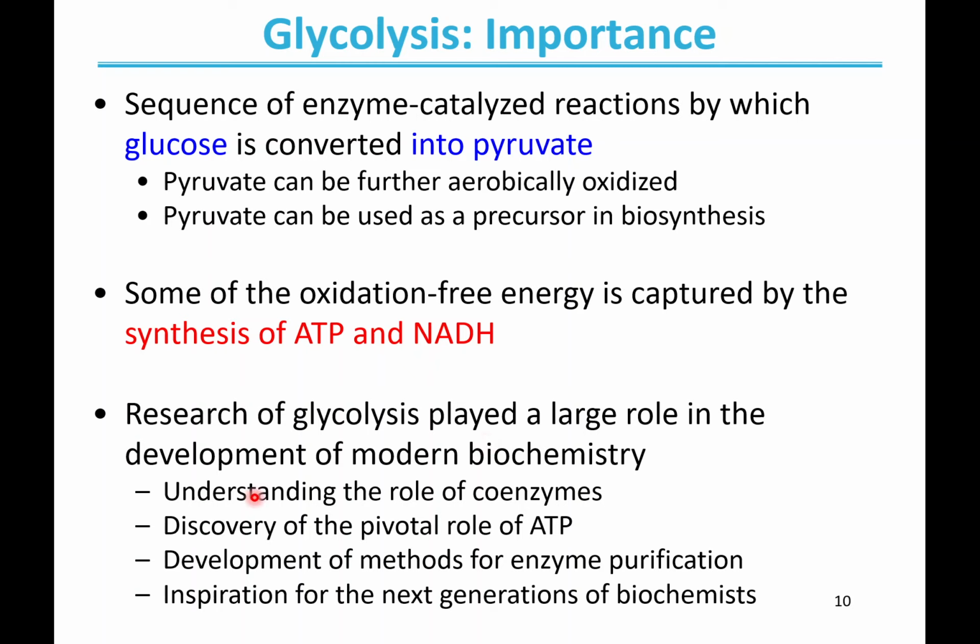By studying this, scientists got an understanding of the role of coenzymes in catalysis. They also discovered the pivotal role of ATP in cellular energy, and developed methods for enzyme purification. Many of the enzymes involved in glycolysis were some of the first enzymes purified, and it also inspired the next generations of biochemists.